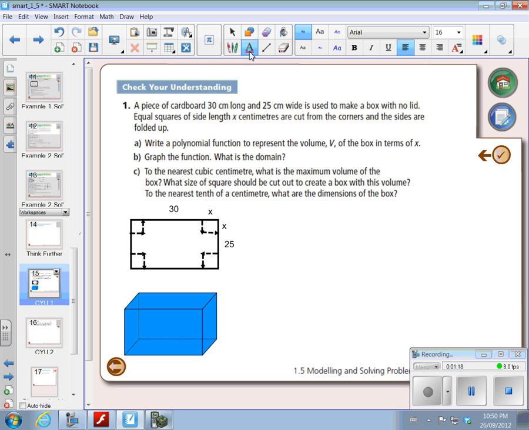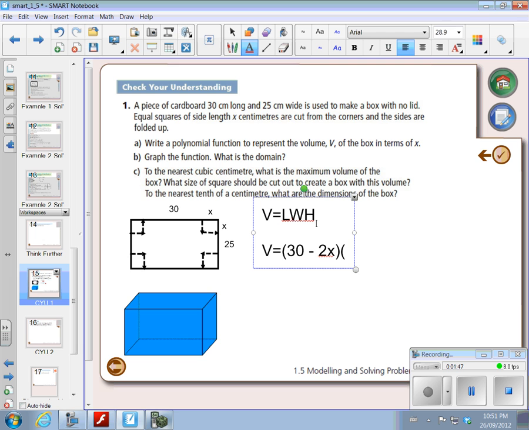So if we're working with volume, let's just type out volume is equal to length times width times height. And now let's make our changes according to the equation. So volume of this particular box would be the length, which was 30, but now the 30 is lessened by 2 x values.